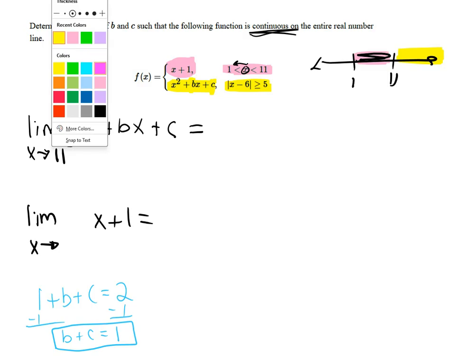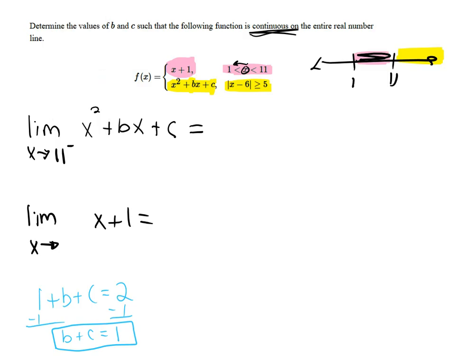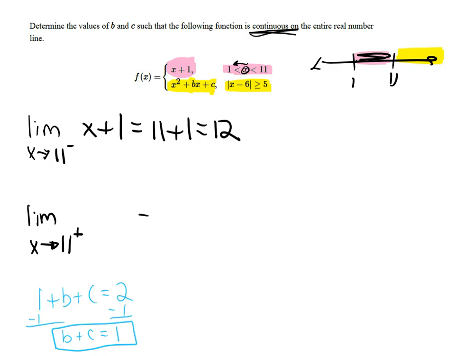So if we're approaching it from the left, that would be the pink, so I would be using the x plus 1 this time. That's going to be 11 plus 1, which would be 12. And then if you approach 11 from the right, that's the yellow, because you're coming from this direction now towards the 11. And so it's the x squared plus bx plus c.